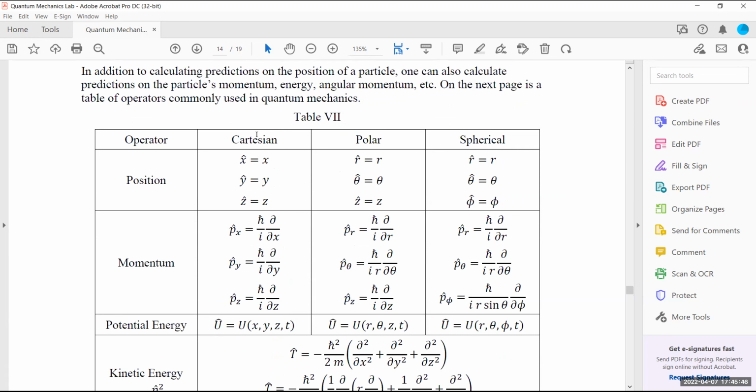What I mean by that is you have the Cartesian coordinates. This is where we start from. We have the polar, sometimes called cylindrical coordinates. You have r cosine theta for x and r sine theta for y, and then you have z by itself. Z doesn't change.